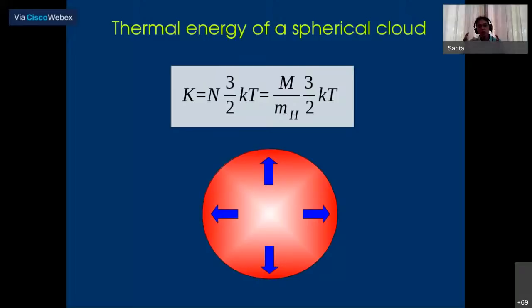Atoms or molecules, it's up to you. Once it is made up of this, it's not enough to just consider for this entire mass the effect of the gravitation. It is also important to consider that these particles will be moving because of the effect of certain thermal energy that the cloud may have, because the interstellar medium also is at a certain temperature, correct? Because of this temperature, the particles will be constantly moving. How do we define temperature?